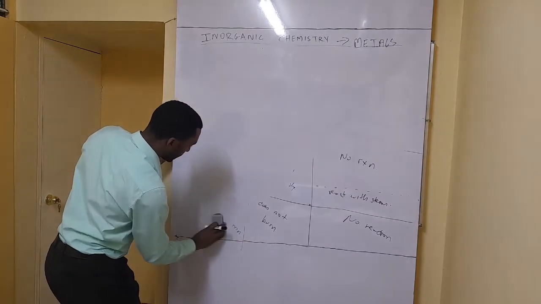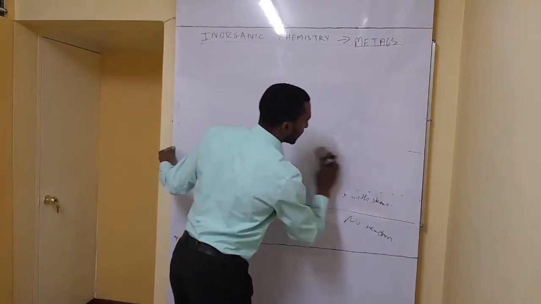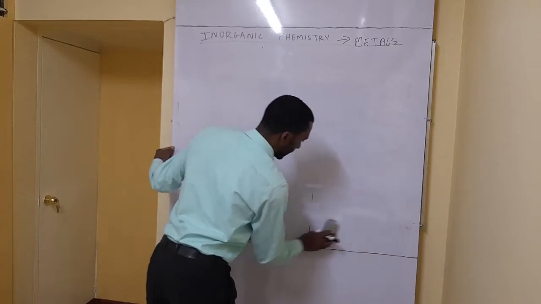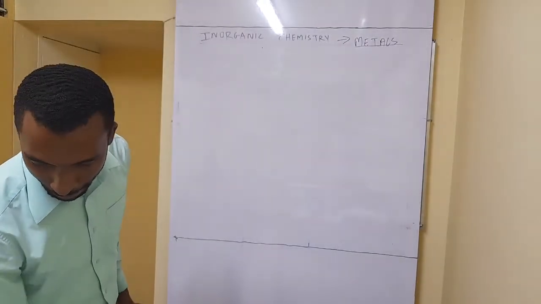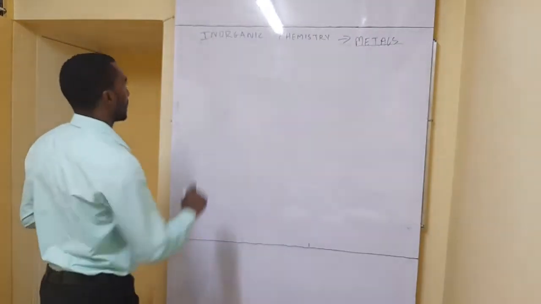Some metal compounds with acid. We're talking about the hydroxides, the oxide, and the carbonate.